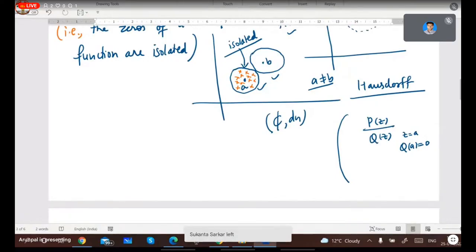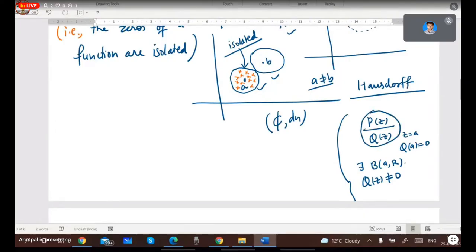Then it means, class, that there exists at least one deleted neighborhood around A where the value of q(z) will not be 0. Yes or no, class? And it means that I can talk of p(z) upon q(z) in that neighborhood. Yes or no, class?